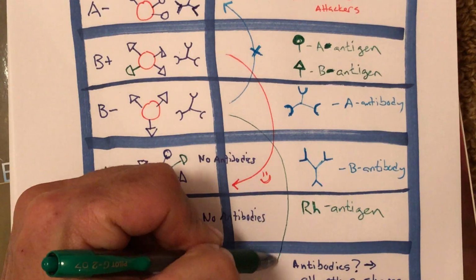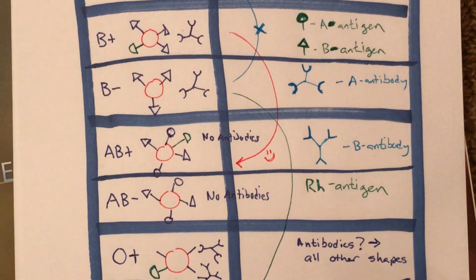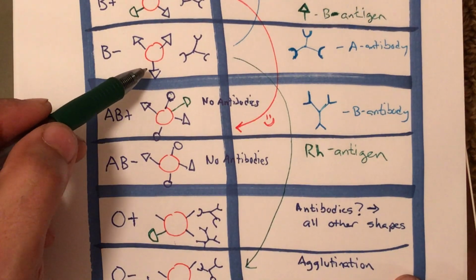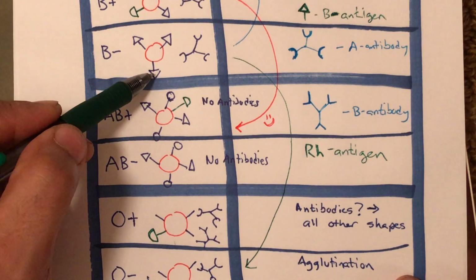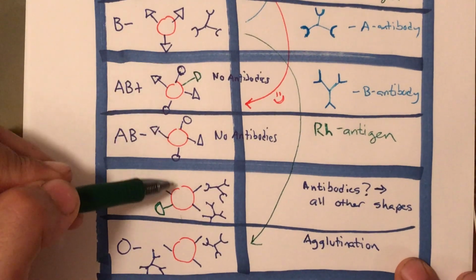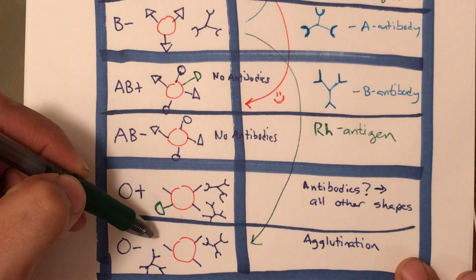Let's give B negative to O negative. B negative to O negative. We only look at the donor's antigens. So we look at the triangles and we want to place it into O negative blood. Can this work? Yes or no?